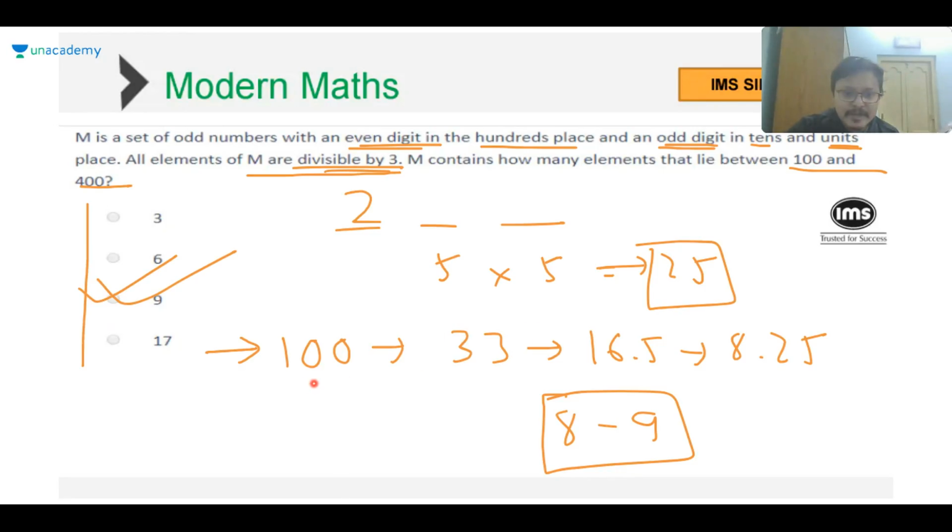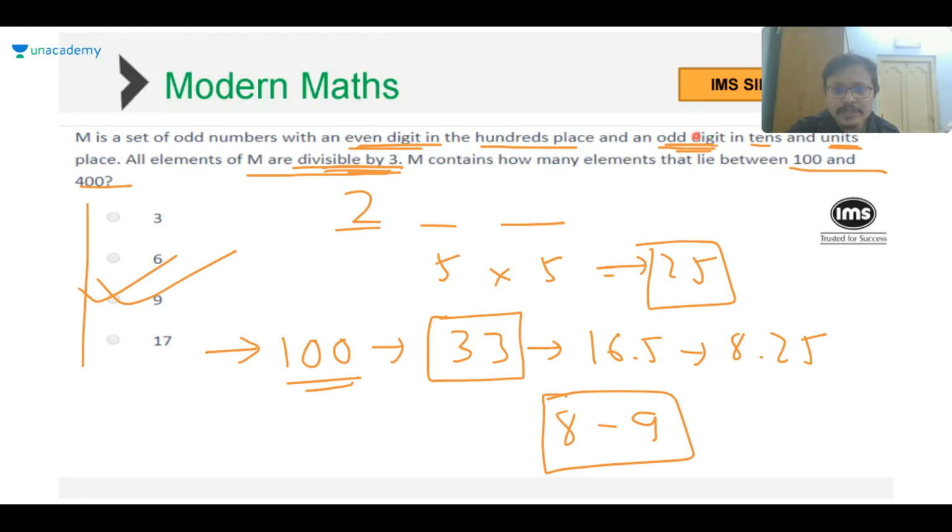There are 100 numbers which are starting with an even digit. Correct, Satyam? Out of that, divisible by 3 means 1/3 of those numbers. That is 33. Half of 33 numbers will have an odd digit.